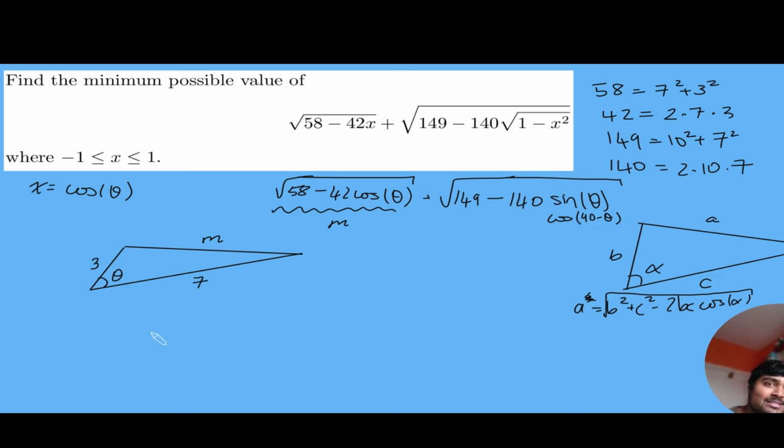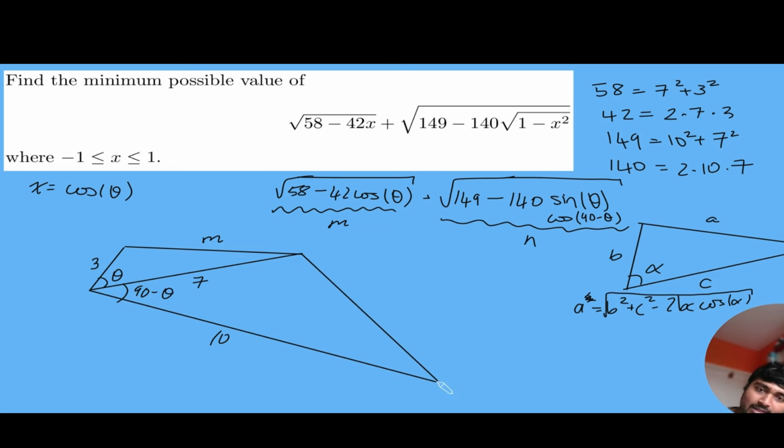You can maybe guess where we're going to place this triangle. I'm going to place it here so that this angle is 90 minus theta. I've got the 7 side there. Maybe I'll make this length a bit longer. So this is 90 minus theta, and this is the side length 10. If I call this expression n, that's this side length of this triangle here.